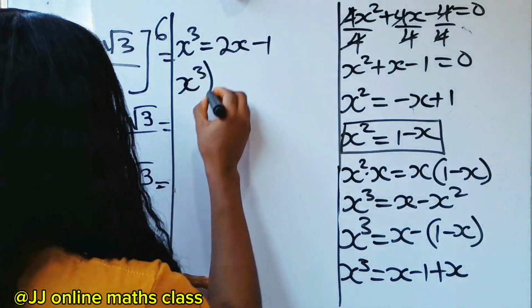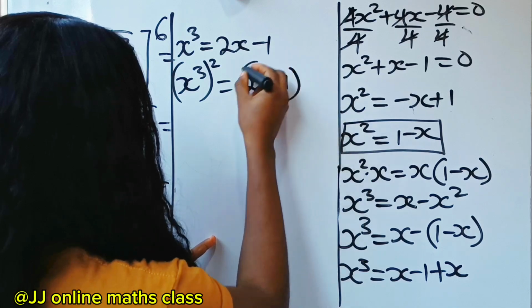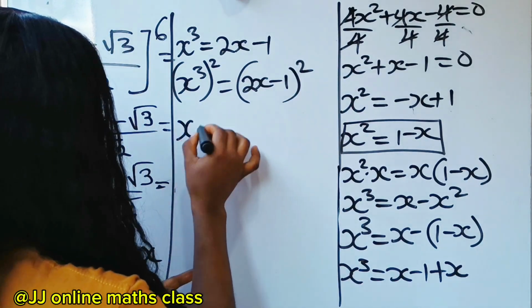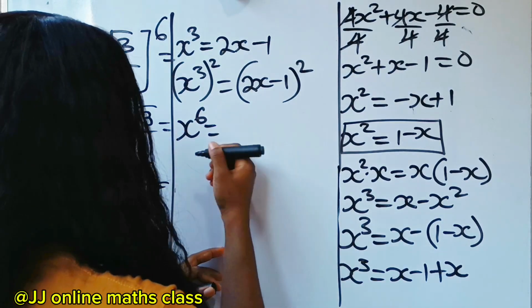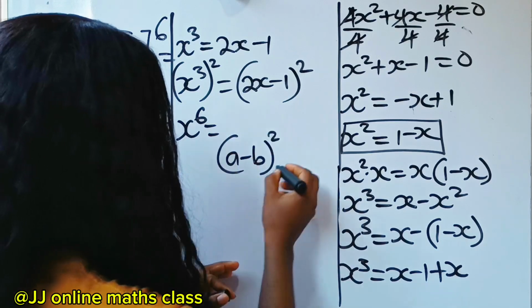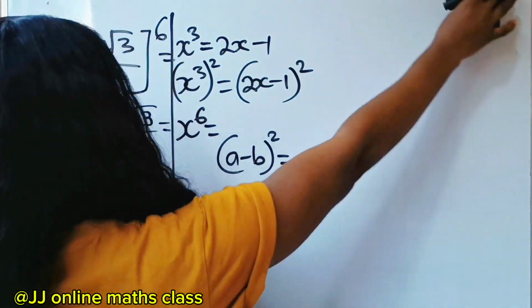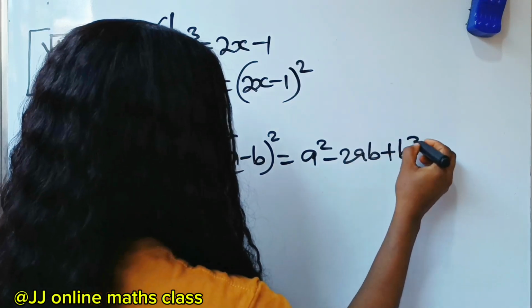So x to the power of 3 raised to the power of 2 is equal to 2x minus 1 raised to the power of what? 2. Now we have x to the power of 6. 3 times 2 is what? 6. Is equal to, when you have a minus b squared, this is the same thing as a squared minus 2ab plus b squared.